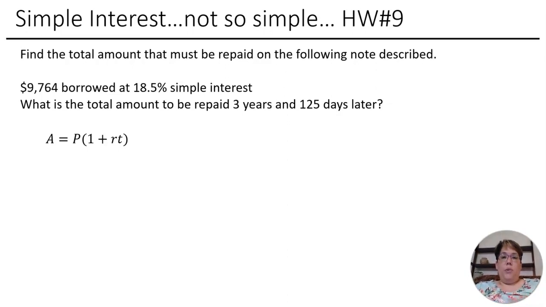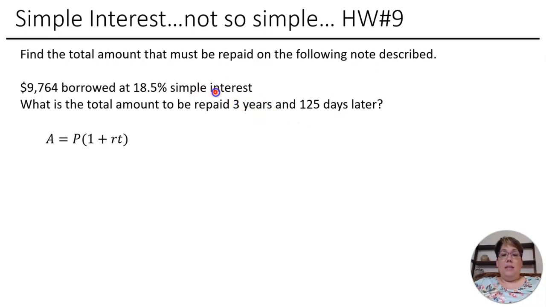Now, you're also going to find a note that says that if you are given the time in part of a year, like this part where it says 125 days, you have to use what they call an ordinary year.